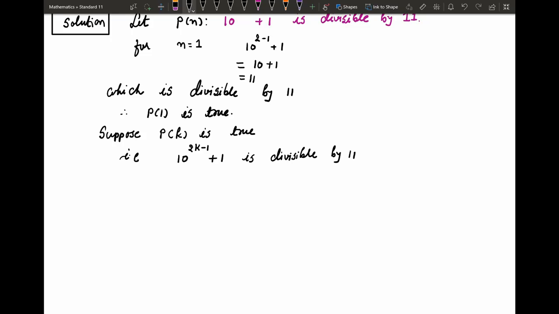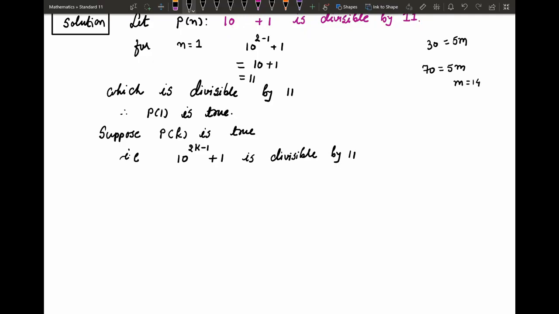Any number, for example 30, if this is divisible by 5, then we can write it as 5 into m, where m equal to 6. So 5 into 6 equal to 30. That means 30 is divisible by 5, then 5 must be a coefficient. For example 70 is divisible by 5, then we can write 5 into m, where m equal to 14. You can observe 14 into 5, 70.